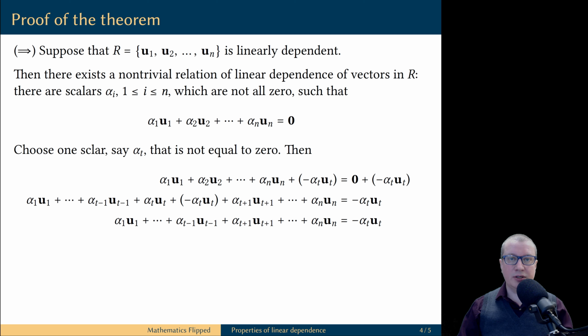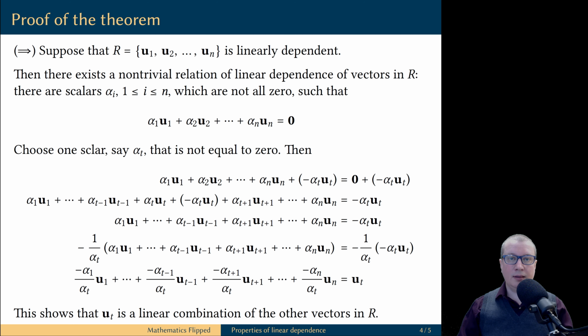Because alpha t is a non-zero number, it does have a multiplicative inverse, which is 1 over alpha t. So what we're going to do is multiply both sides of this equation by the scalar negative 1 over alpha t. This number exists because alpha t is a non-zero scalar.